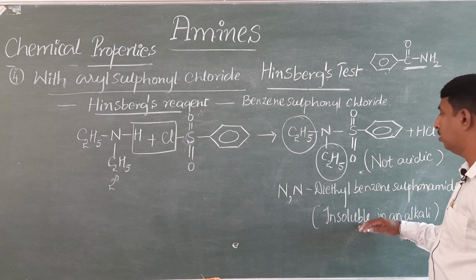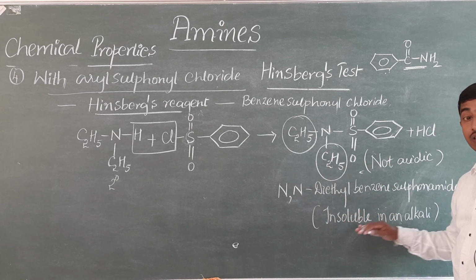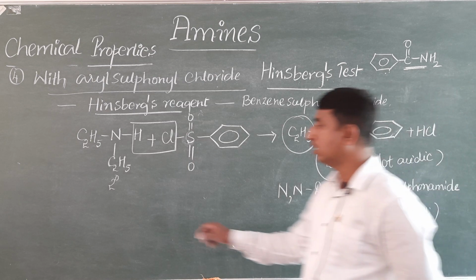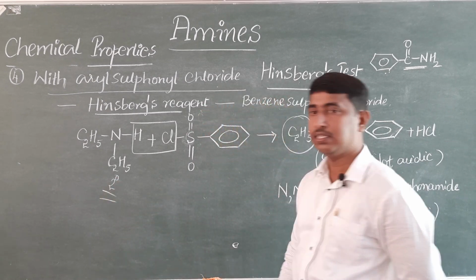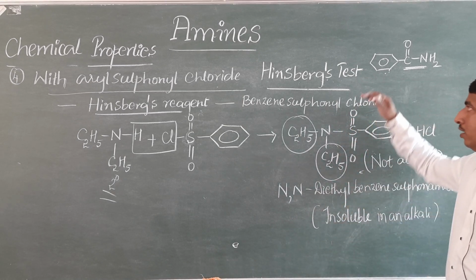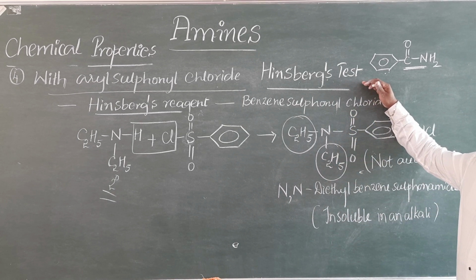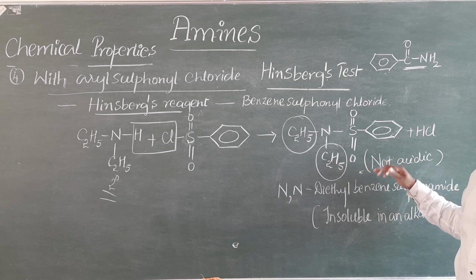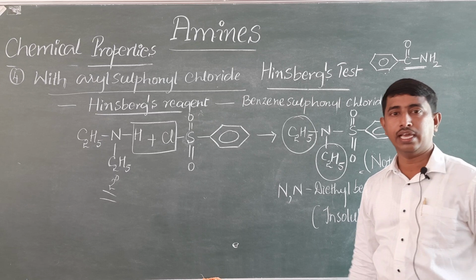So if the formed compound does not dissolve in alkali, then the given amine is a secondary amine. If the product obtained during this reaction dissolves in alkali, then it is a primary amine.